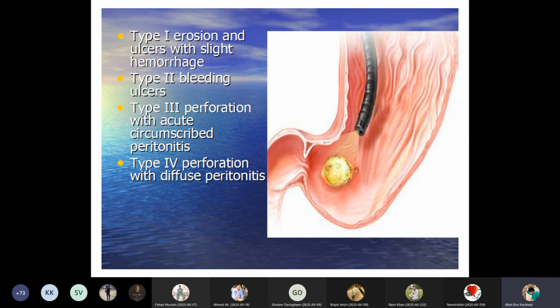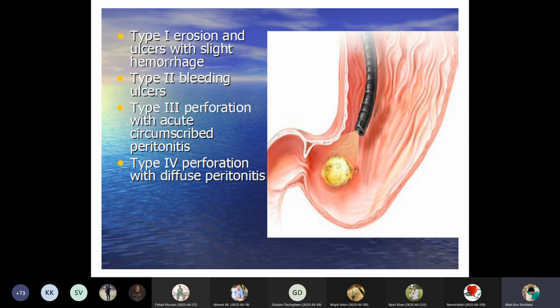One is the erosion, where only a lesion is produced, causing a slight hemorrhage; that is a type 1 ulcer. Whereas a bleeding ulcer may show blood in the cough, or even in the feces.